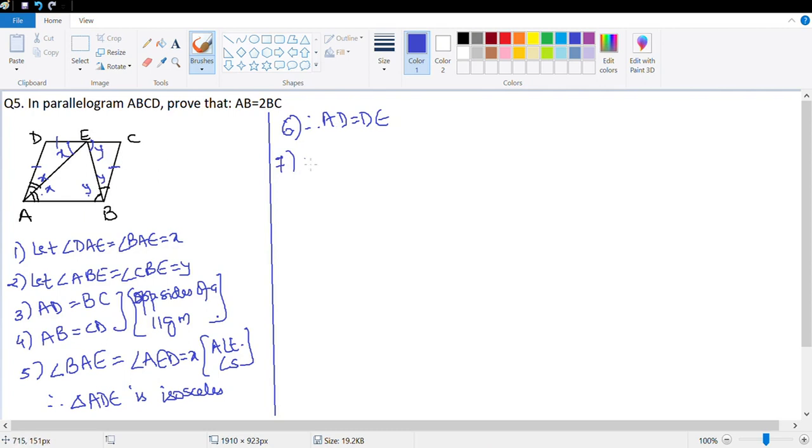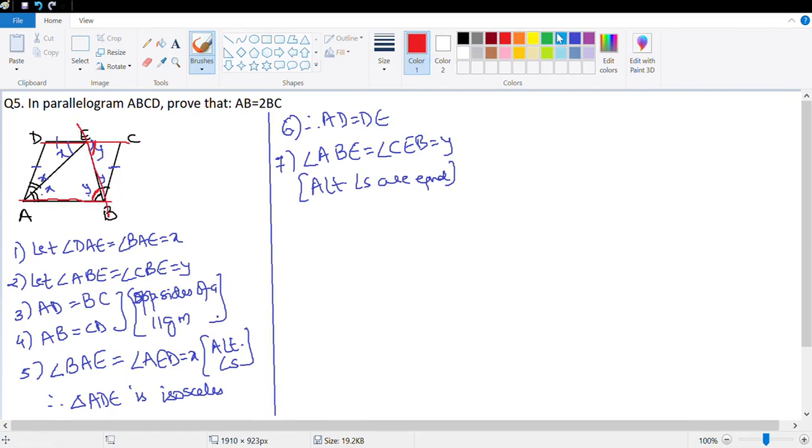Number 7, angle ABE is equal to angle CEB is equal to Y. Again, alternate angles are equal. I am referring to this angle and this angle being equal because CD is parallel to AB and this is the transversal.